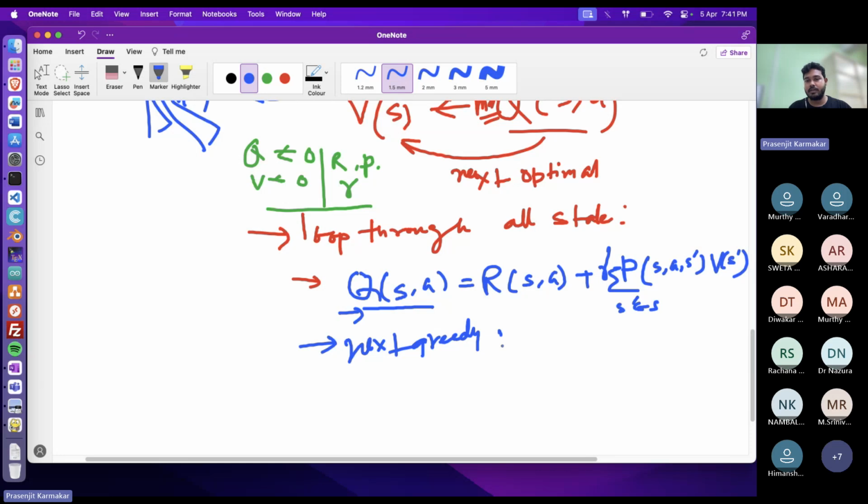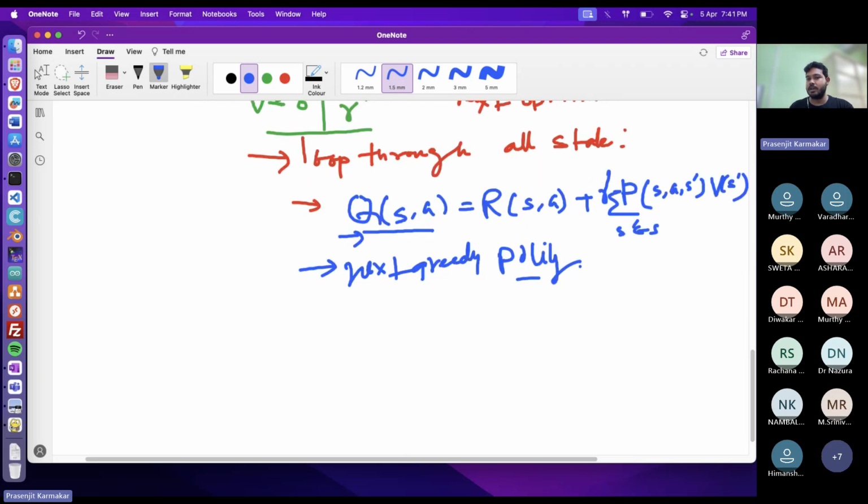I am saying greedy policy because I am taking the policy greedily from Q, but Q is actually future proof. It considers gamma and plans multiple steps, so it's not entirely greedy, but my policy computation from Q is greedy.